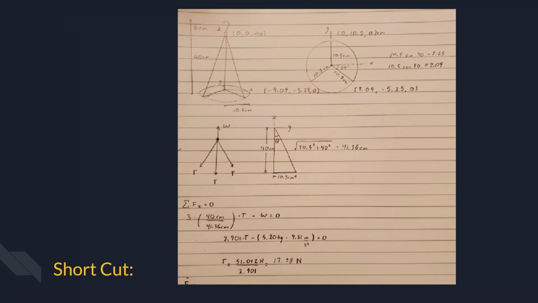We then just calculated the forces in the Z direction, and since all the tensions are the same, we multiplied the height over the hypotenuse, multiplied it by 3, and subtracted the weight, and then we solved for the tension. And we see right here at the bottom of the page that the tension was also equal to 17.58 newtons, which was the same answer as the alternate method.